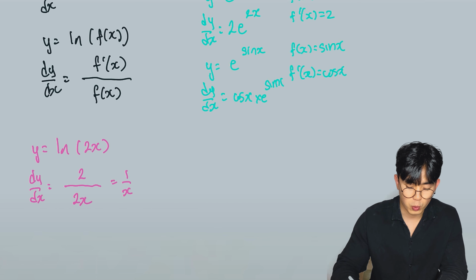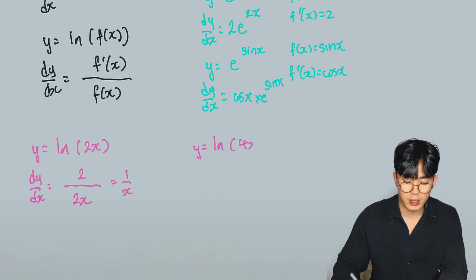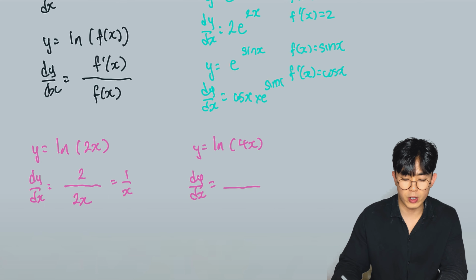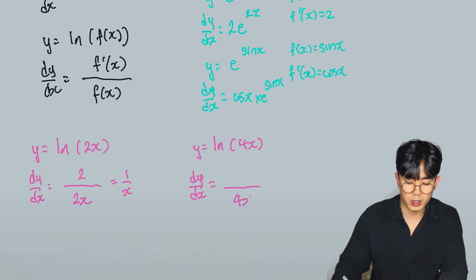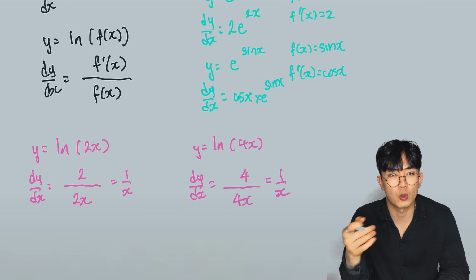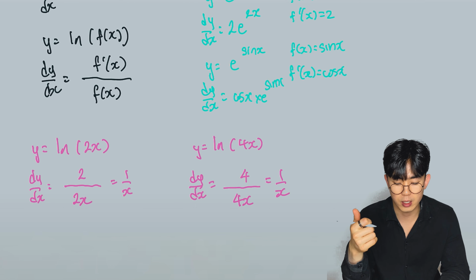What about if we did y is equal to ln 4x? Same thing, dy by dx is equal to, our function, in this case 4x, goes to the bottom, the derivative is 4, and so that cancels to 1 over x. So in fact, if it's just some constant times x, then when we differentiate it, it's automatically 1 over x.